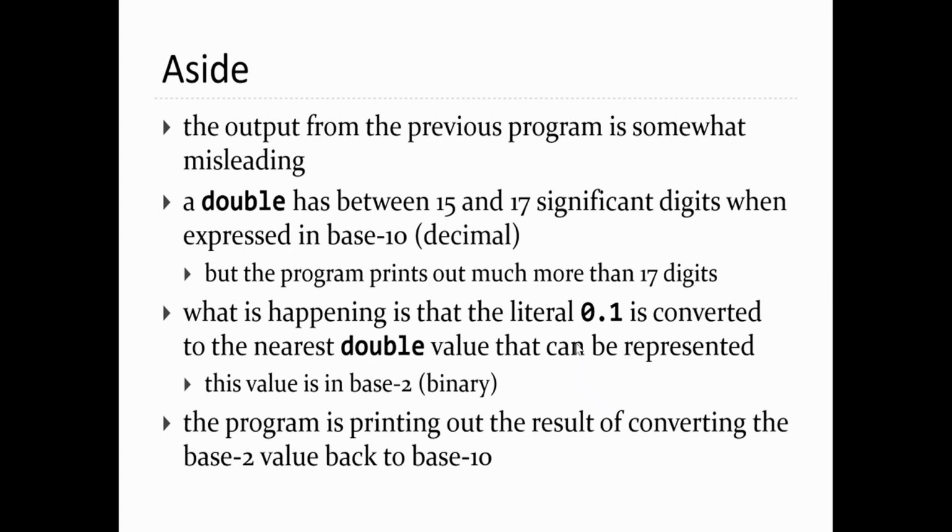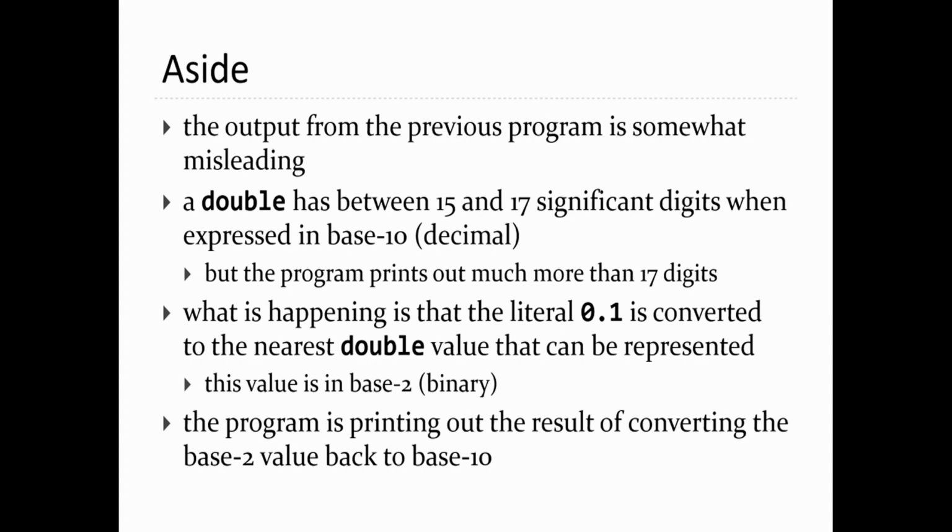So what's happening is that when I take the 0.1 and I convert it to the nearest double value, that value 0.1, that's in decimal, gets converted to binary. So there's some sort of binary representation that now represents 0.1. I'm now switching to base 2. When I ask BigDecimal to print the value, it converts the base 2 value back to base 10.